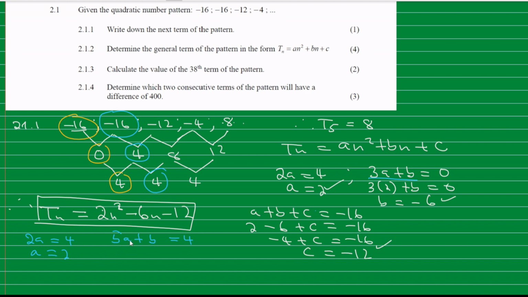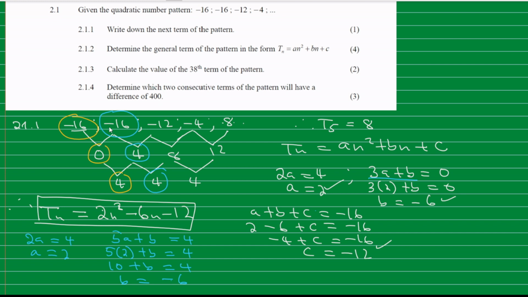Our a is 2, so we have 5 into 2 plus b is equal to 4. So you have here 10 plus b is 4. So you get your b being equal to 4 minus 10, which is negative 6. Okay, so you get the same answer here.